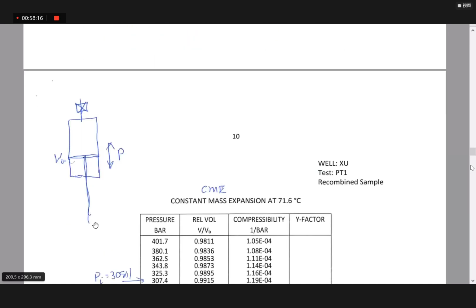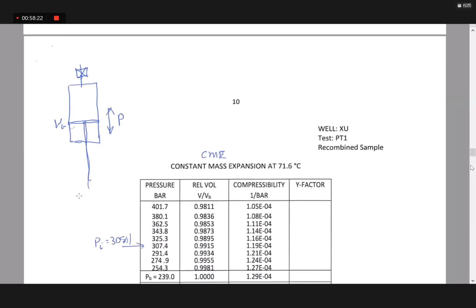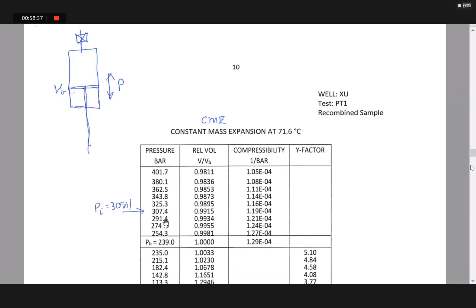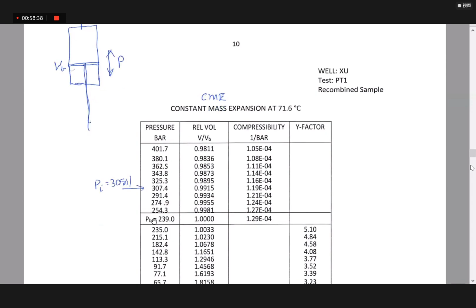We make a recombined sample, constant mass expansion. The first test that we are doing, we are gradually reducing the pressure. Start at a high pressure. We have the initial reservoir pressure of 308.1 bar, and then continue reducing the pressure until we go into the two-phase region. And the PB is 239.